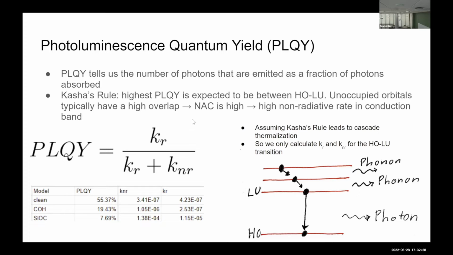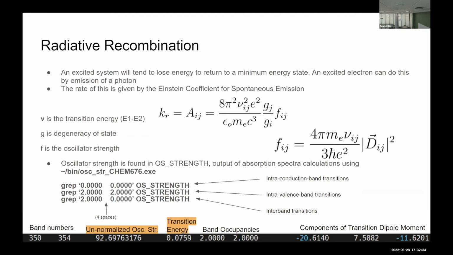How do you calculate KR? The KR will be calculated through the Einstein coefficient that we were just talking about with Will before, which will involve the transition energy between these two states and the degeneracy, as well as the oscillator strength.